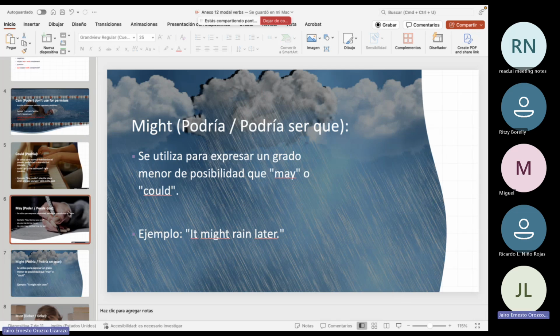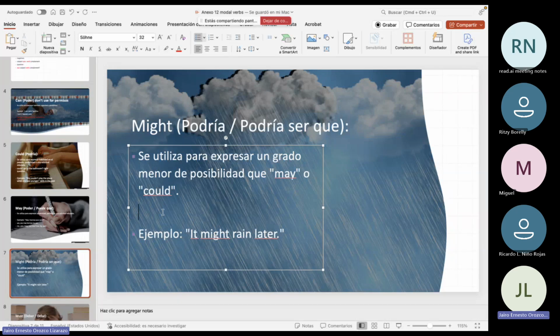Might, this is may, this one is might. This is used to express a minor grade of possibility than may or could. So it might rain later. So what is the difference between could, may, and might?